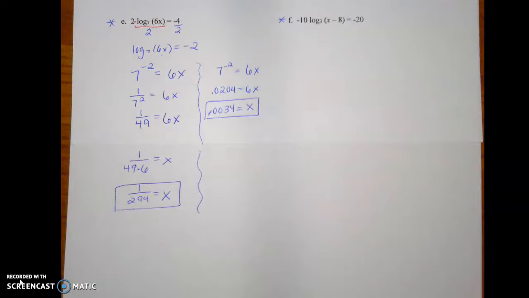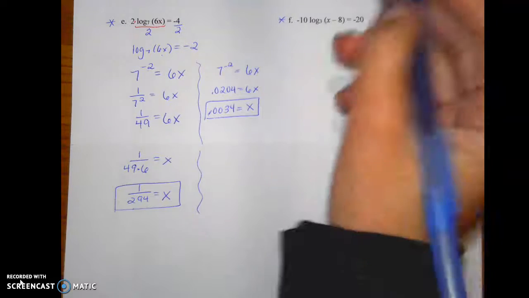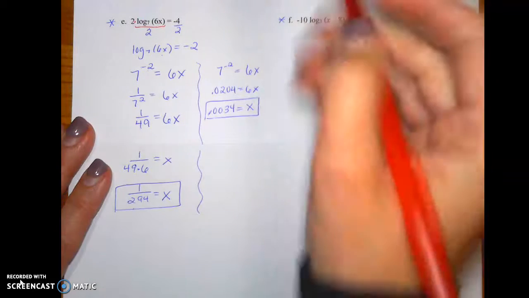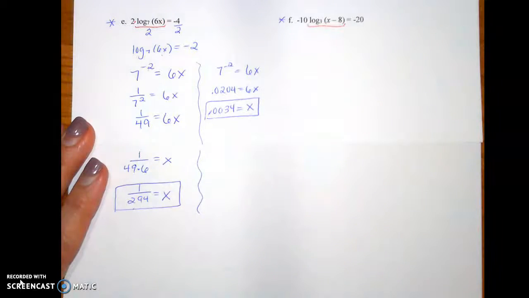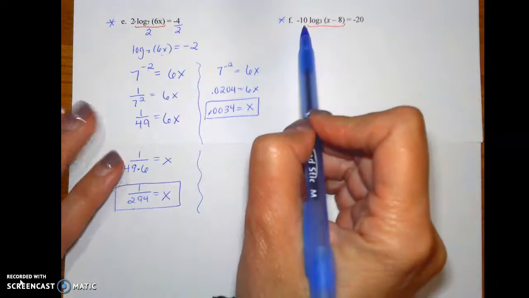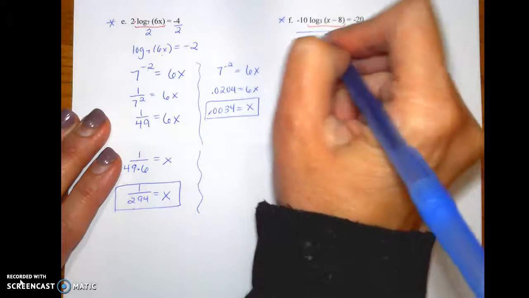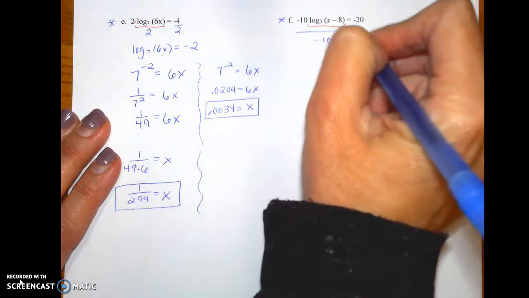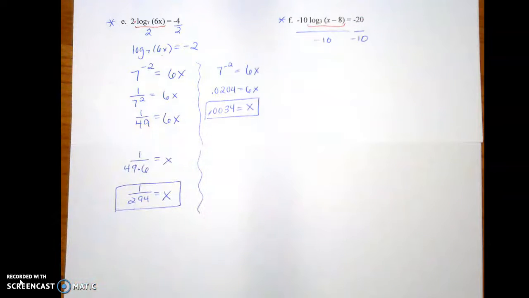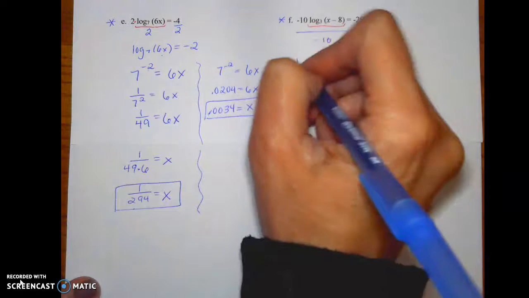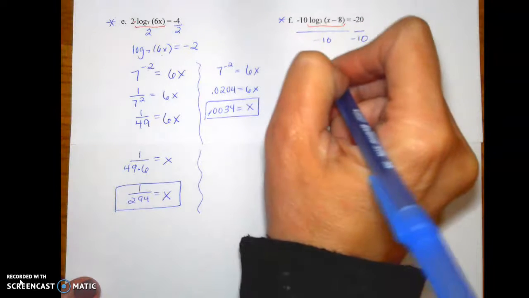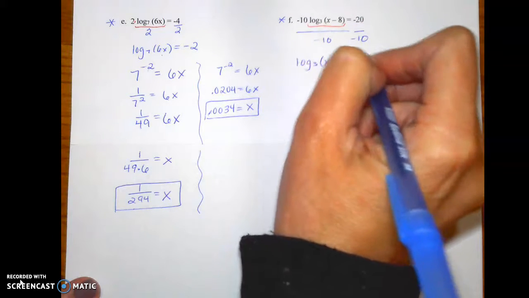Let's take a look at right over here. So here again, we have log base 3 of x minus 8. It's not by itself, it's being multiplied by negative 10. So we are going to divide both sides by negative 10 because the opposite of multiplication is division. So when we do that, we end up on the left with log base 3 of x minus 8 equals 2.